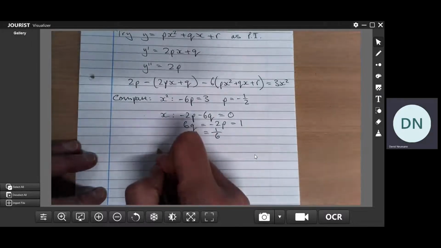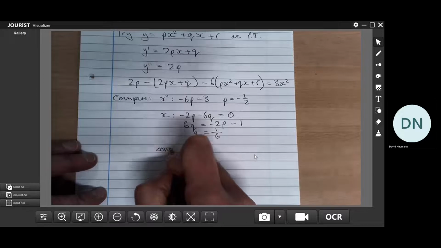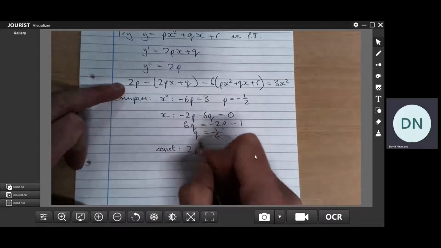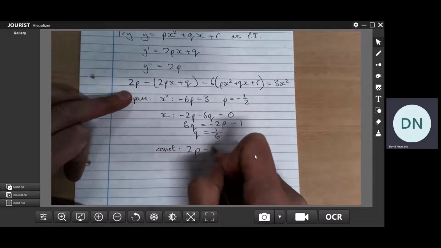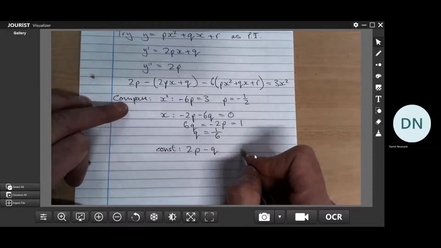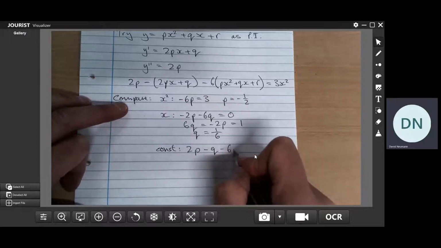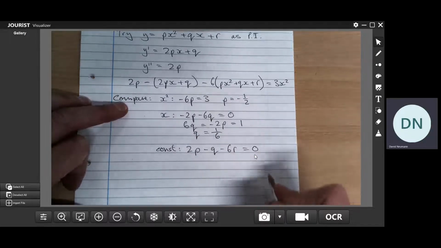And then we're going to compare the constant terms, which are 2p minus q minus 6r is equal to 0.